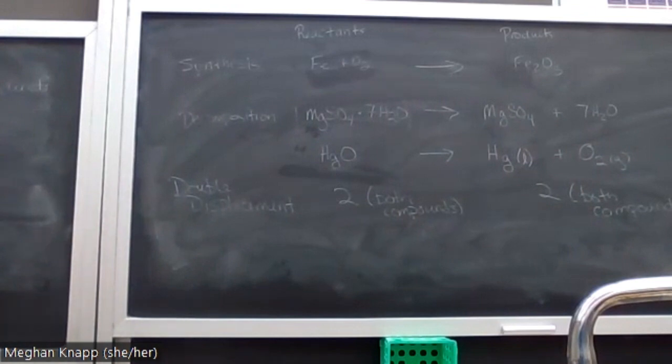And so what we do with a double displacement reaction, since we have ionic things, is change who the partners are. So the positive ions are going to switch which negative ion they're attached to.